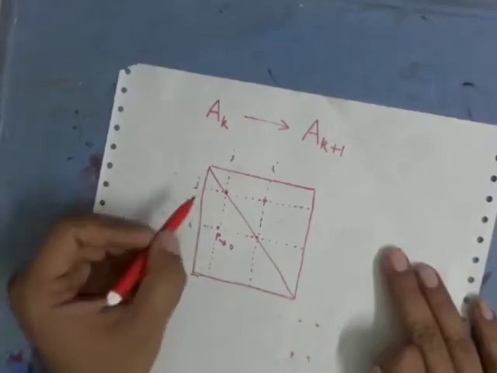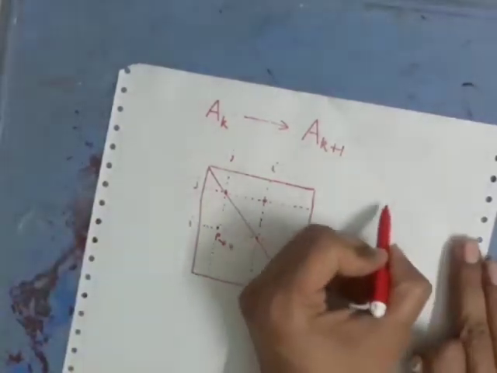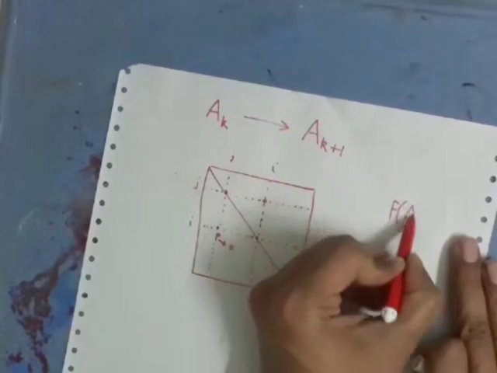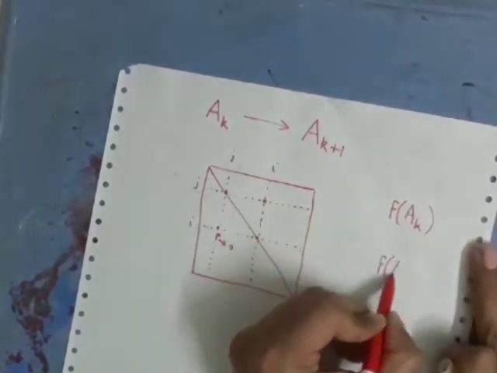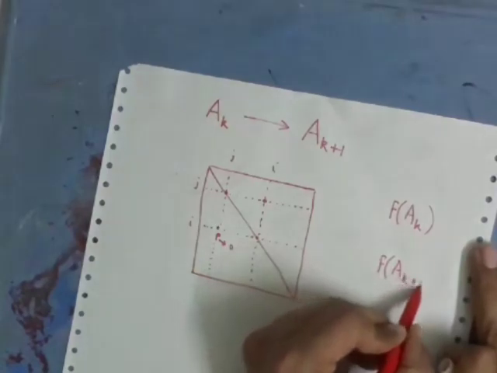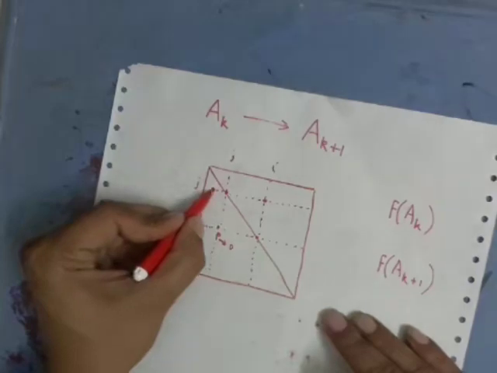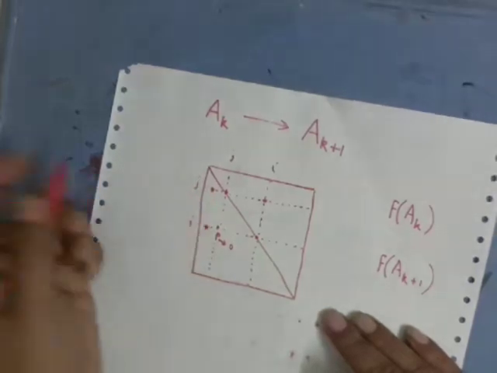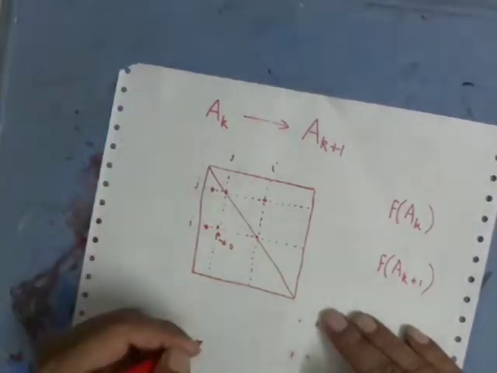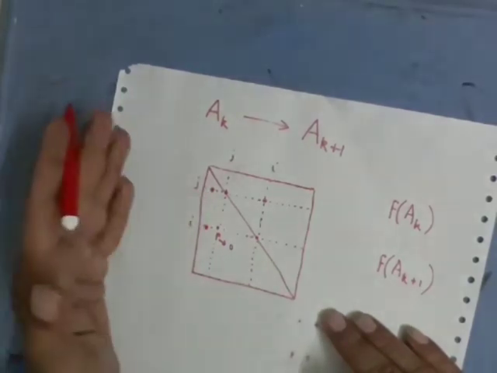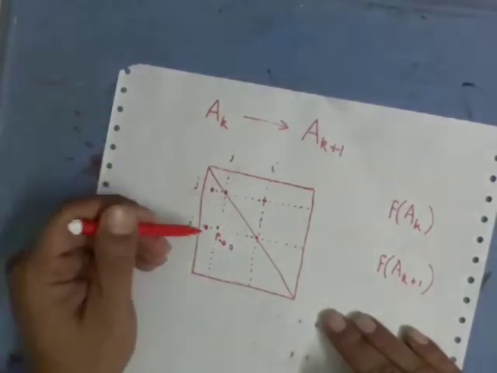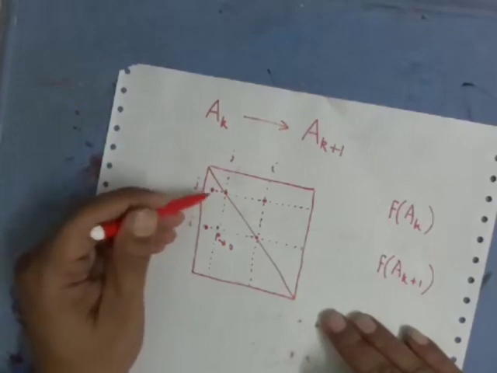Now let us see how this influences f of A k, so how f of A k changes to become f of A k plus 1. Let's consider these 2 entries. When you apply the pre-multiplication, these numbers have possibly changed, but because you pre-multiplied by an orthogonal matrix, the total sum of squares of these 2 entries must remain the same.